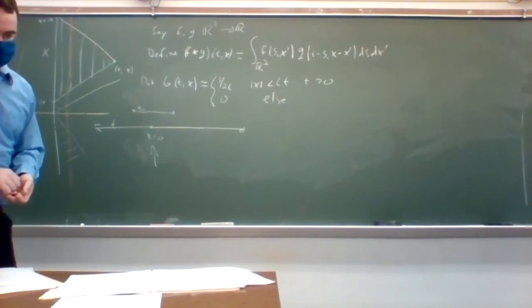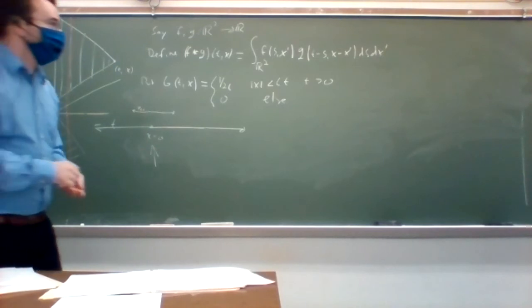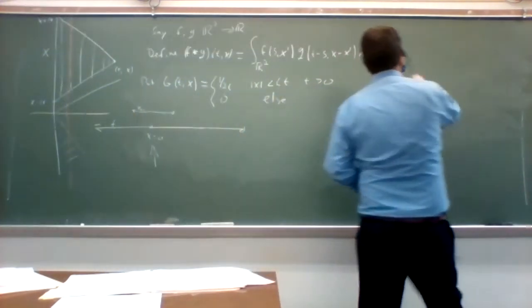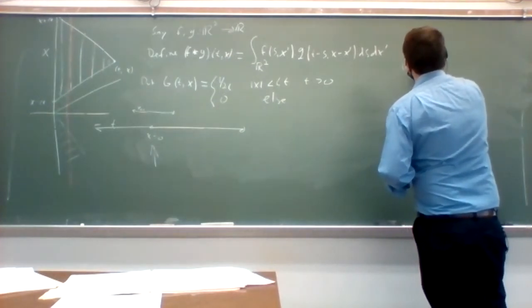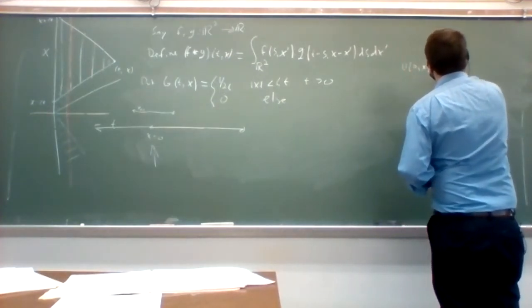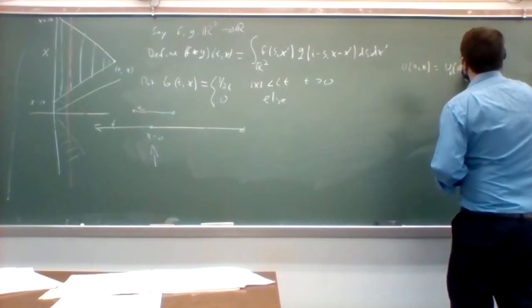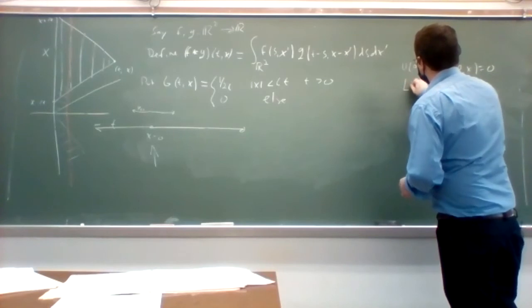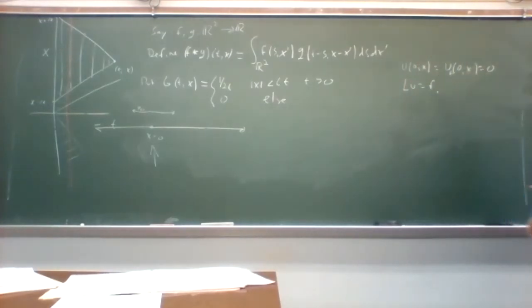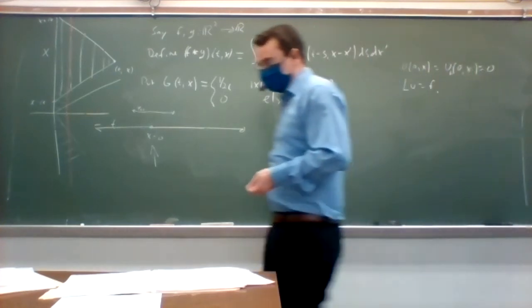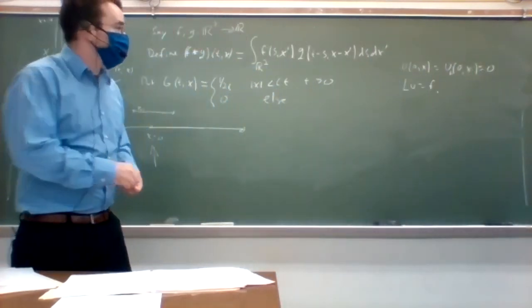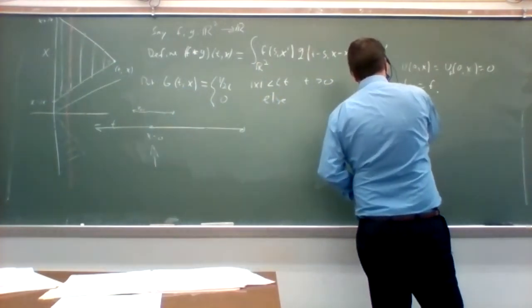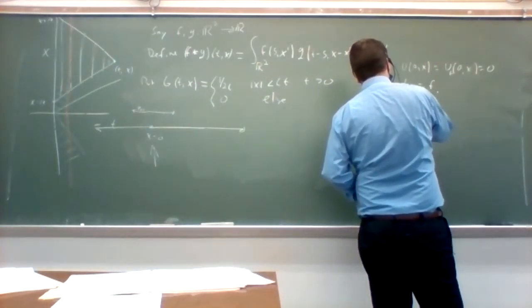And what I kind of want to claim to you is that if you look at the problem we were just looking at, with u(0,x) equals u_t(0,x) equals 0, and with Lu equals forcing function f, L being the wave equation like I wrote down before, then the solution, we've already written down a formula for the solution.